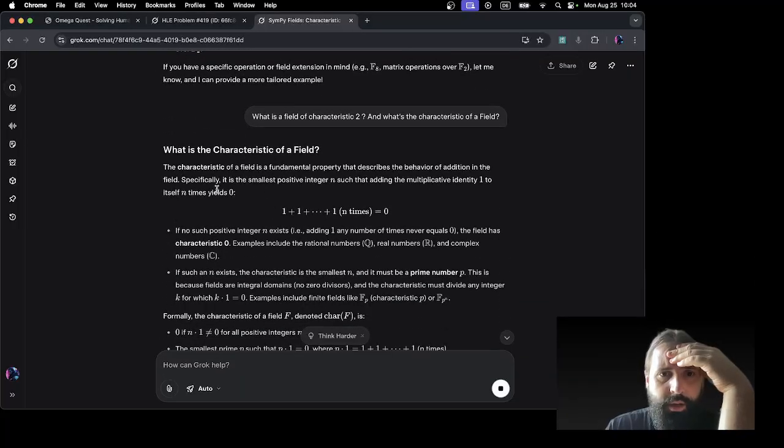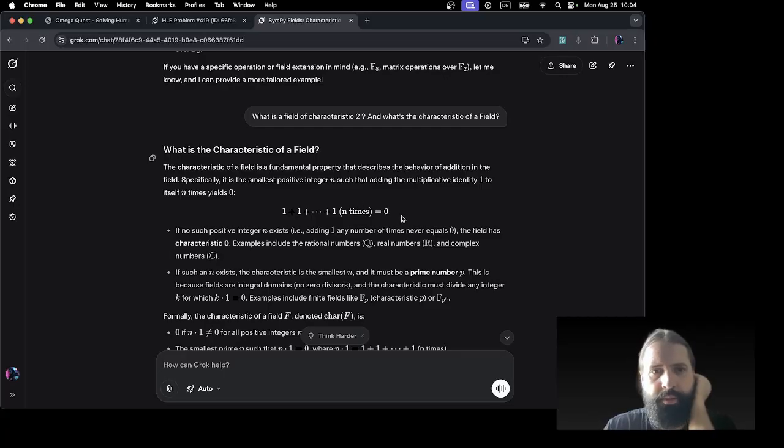The characteristic of a field is a fundamental property that describes the behavior of addition in the field. Specifically, it is the smallest positive integer n such that adding the multiplicative identity 1 to itself n times yields 0. So that basically defines a modular behavior, right?